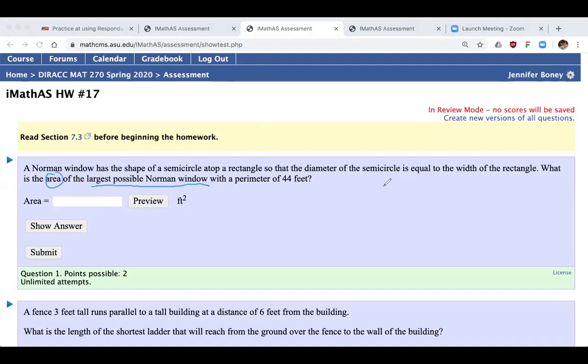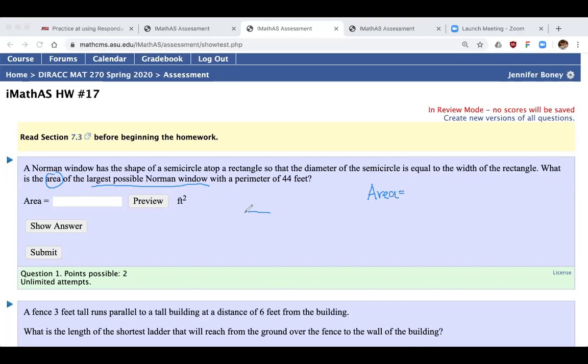So what I need to do is write an area function. And once I've written this area function, which is really the hard part of this question, I want to be able to graph this or take a derivative of this. So I need it to be a function of one variable, but we'll work on that after we get the general structure of the area formula figured out.